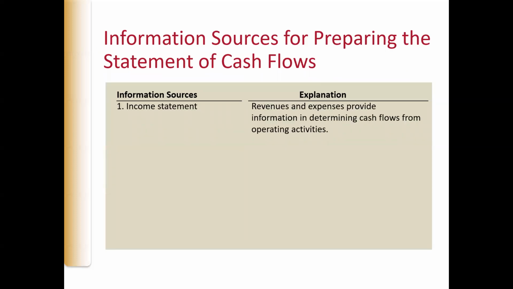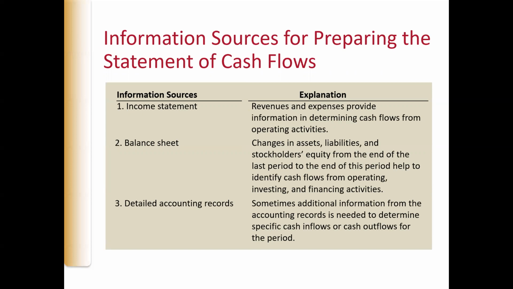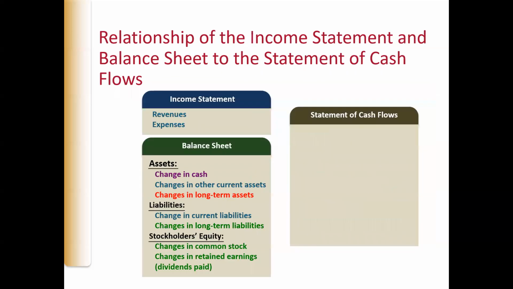So some of the items we need to get ourselves going is we'll need the income statement, the balance sheet, and some detailed records. Now, you'll see the income statement, the revenues and expenses, along with changes in current assets and current liabilities, will all be used for the operating activities section.